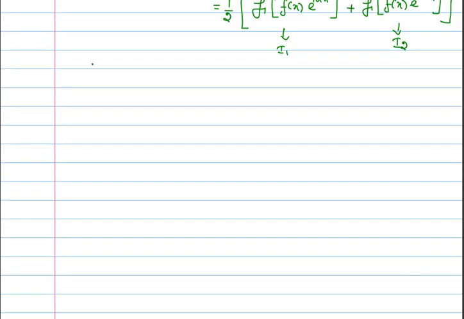So I1 equals the Fourier transform of f(x) times e^{iax}. Now, applying the definition, it is the integral from minus infinity to plus infinity of f(x) times e^{iax} times e^{-i omega x} dx.